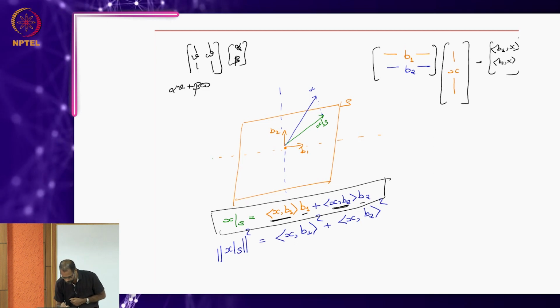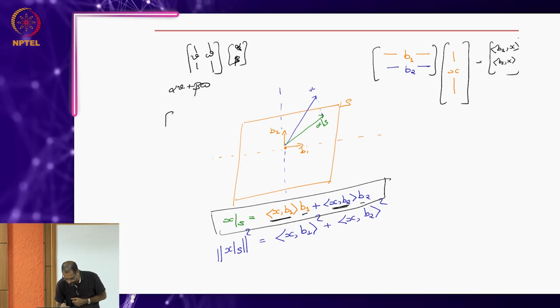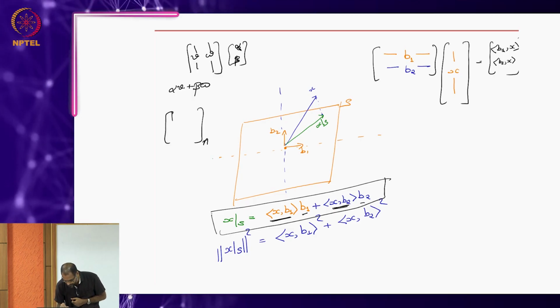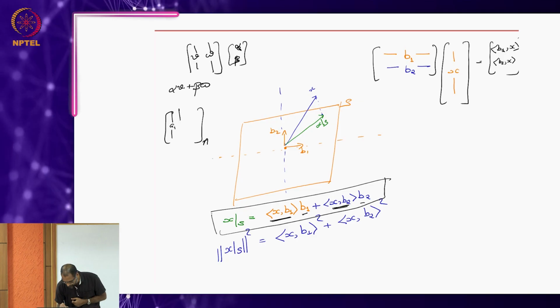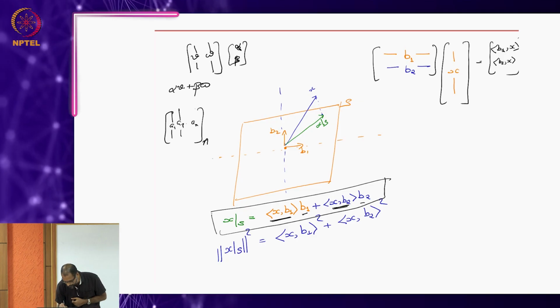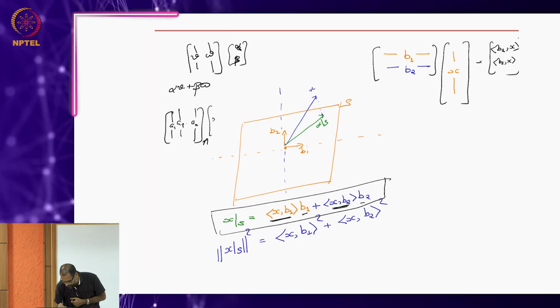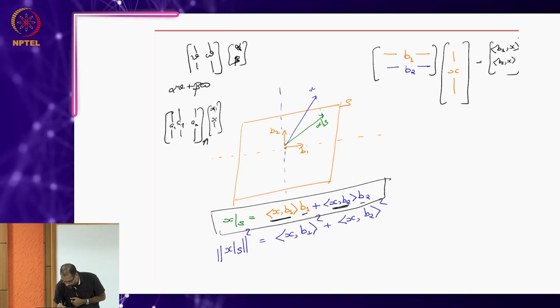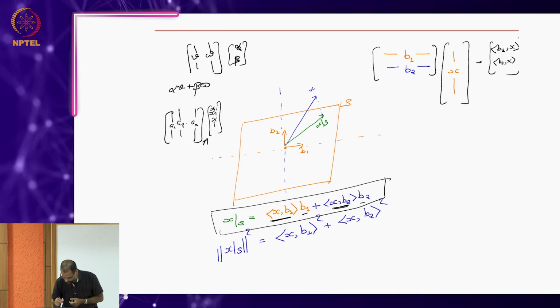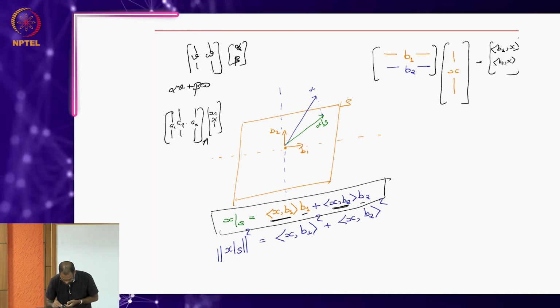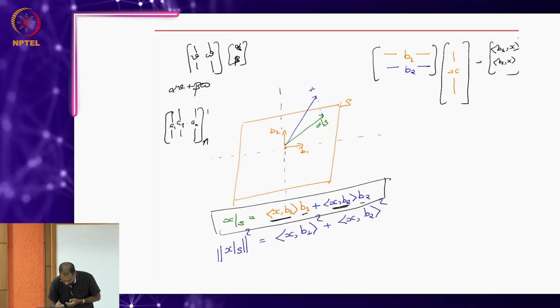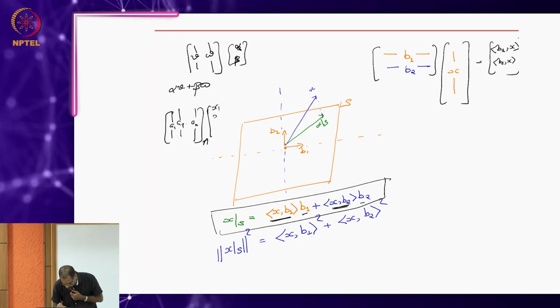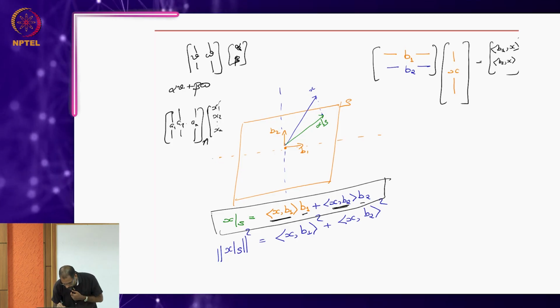Okay, so in general, if you have a matrix A, you express it as column vectors a1, a2, etc., some an, and you have some x here, which is x1, x2, up to xn.